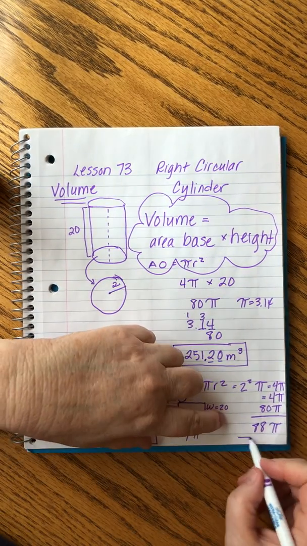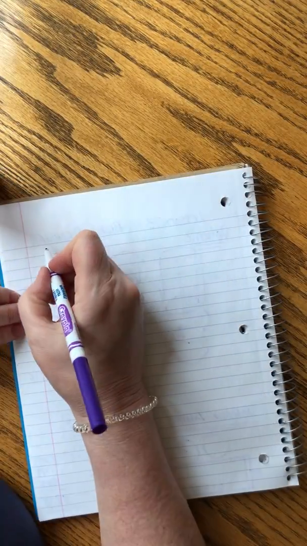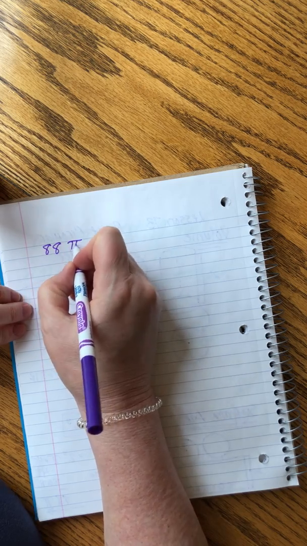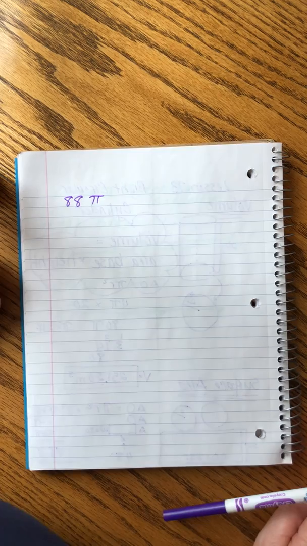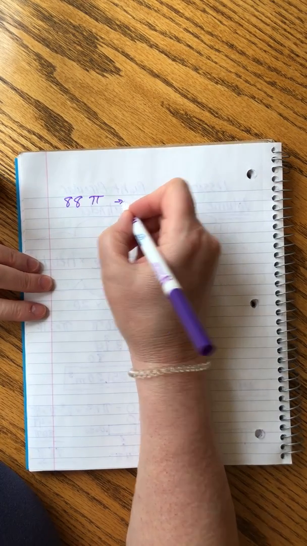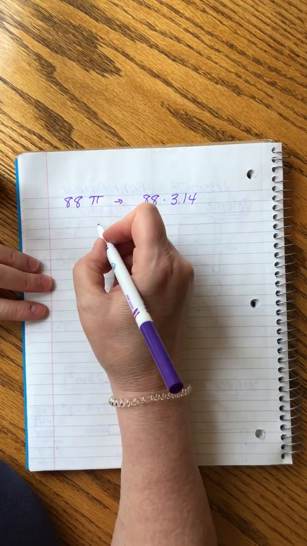Okay, I'm going to flip. We're going to take 88 pi and we're going to take 88 and multiply it by 3.14.